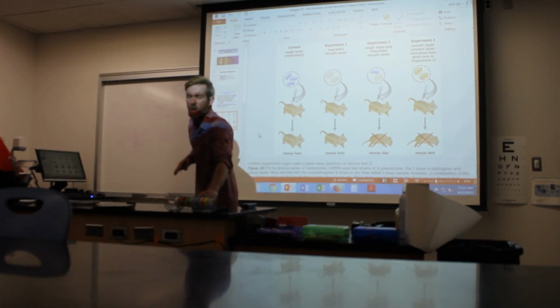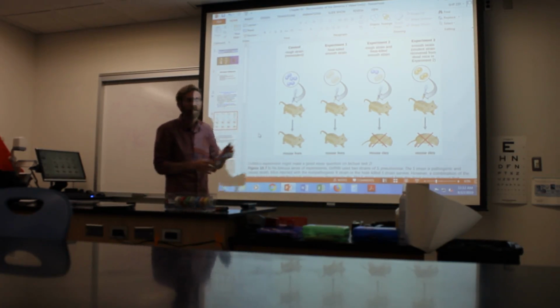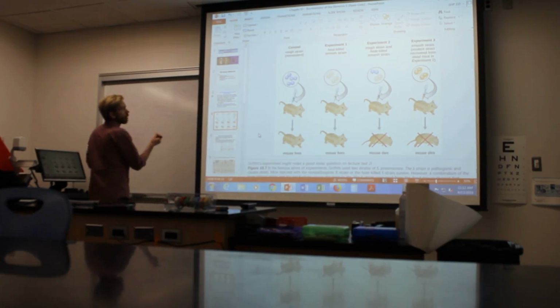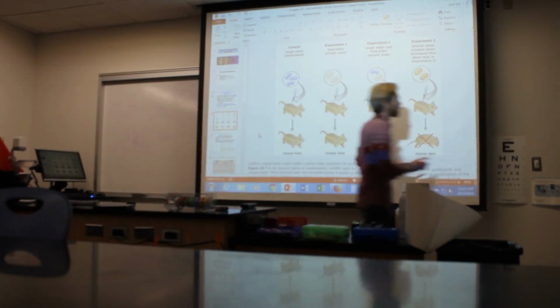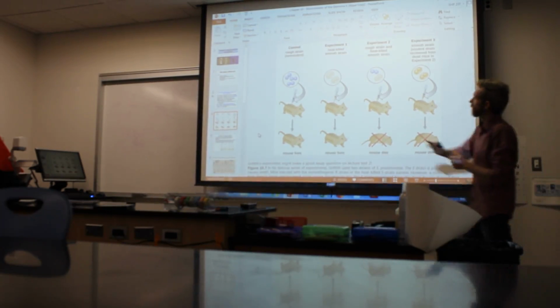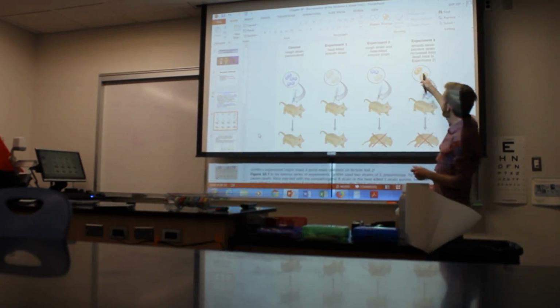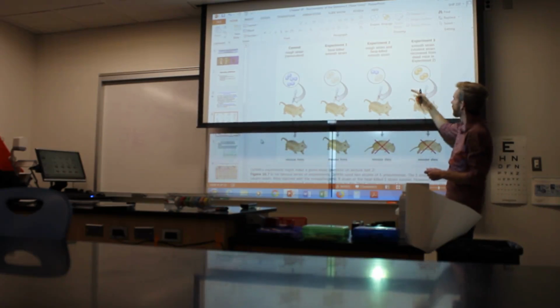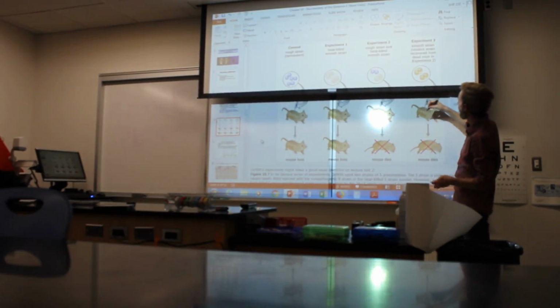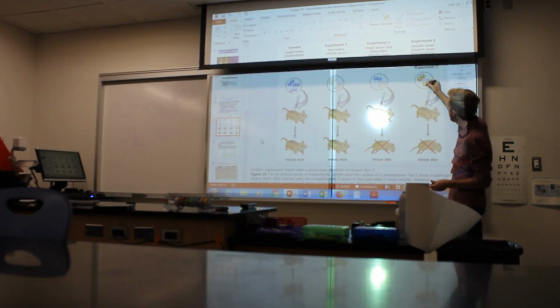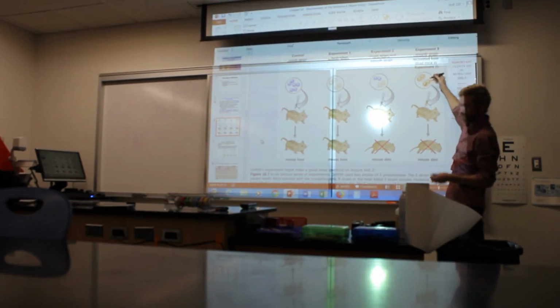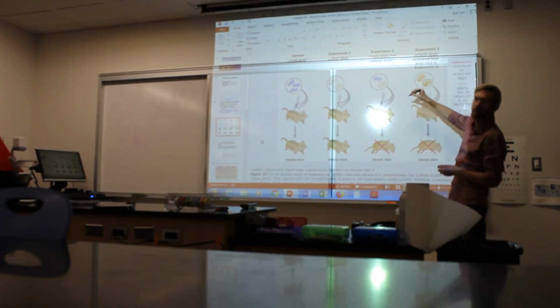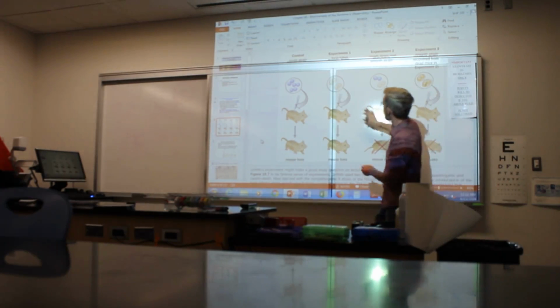They didn't know it in the 1920s when Griffith did this experiment. But what happened was, the reason the harmful bacteria could produce the protective shield is that it had an extra piece of DNA. It had an extra gene that coded for the ability to make the protective coating.